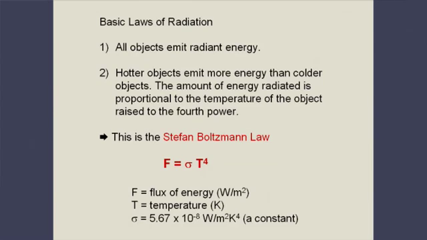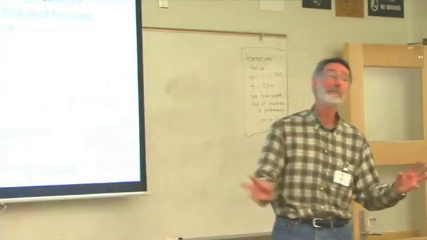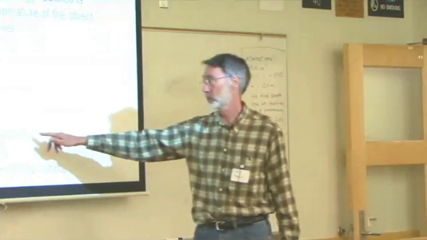So to get the flux of people into this room, for a scientist, you would take the number of people that went through the door, divide that by the area of the door opening, and then divide by the amount of time it took all of you to get in here. And then it would be 7 people per meter squared per minute. In this case, it's not people per meter squared per minute, it's watts per meter squared.